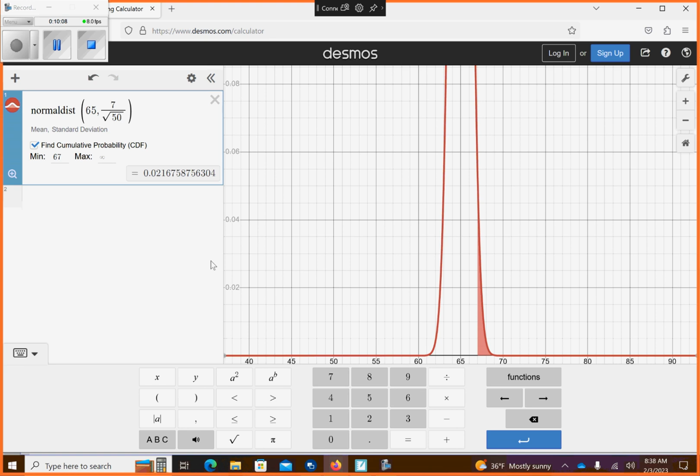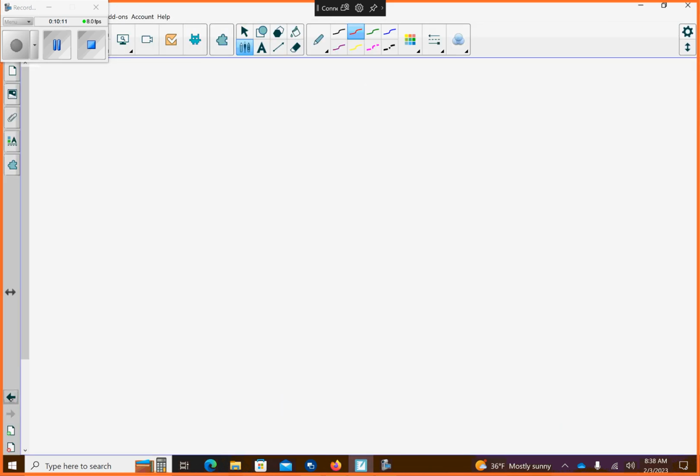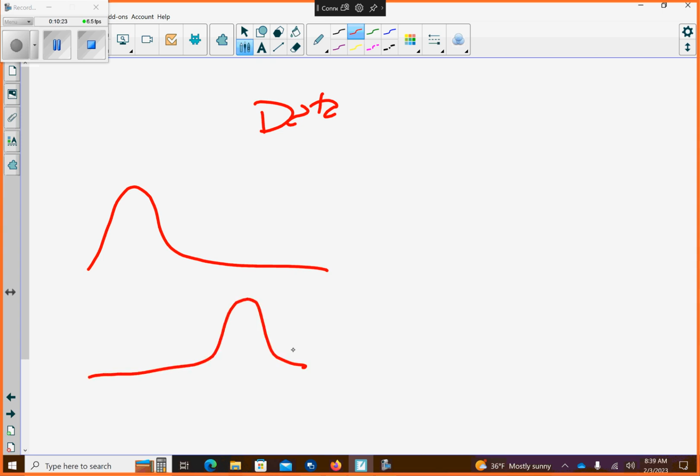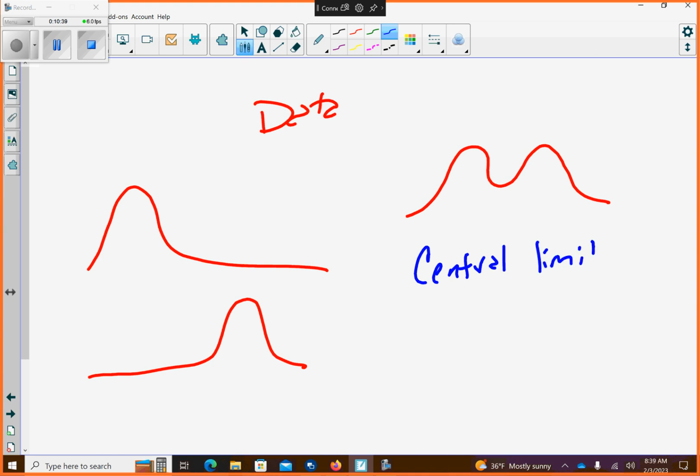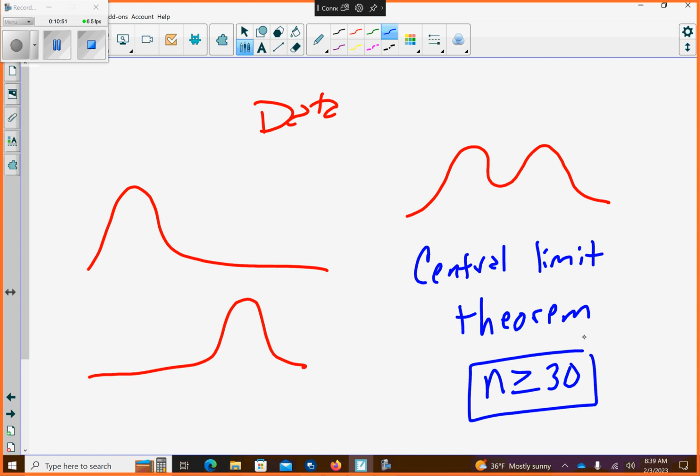Now, if I had my data and it's skewed right, or if it's skewed left, or even if it looks kind of strange like this, if this is my entire population of what it has done, if I use the central limit theorem, if I pick greater than or equal to 30 people, and statisticians have proven this over and over and over again.